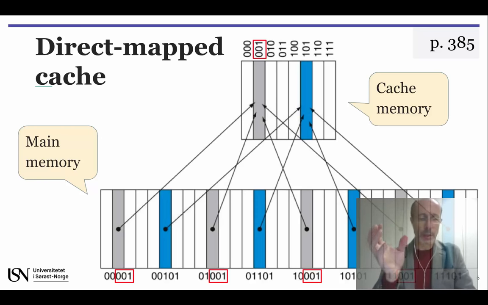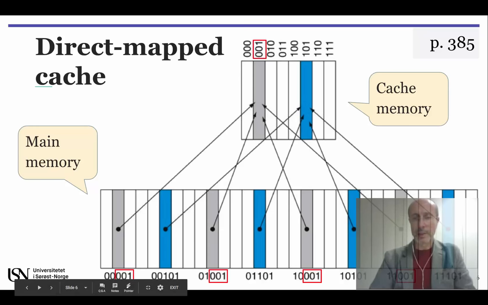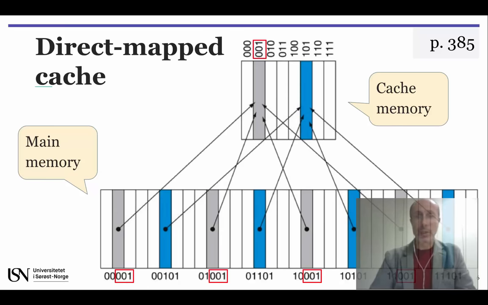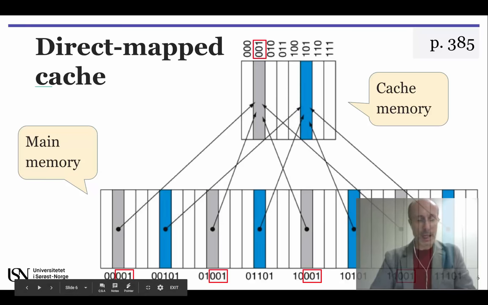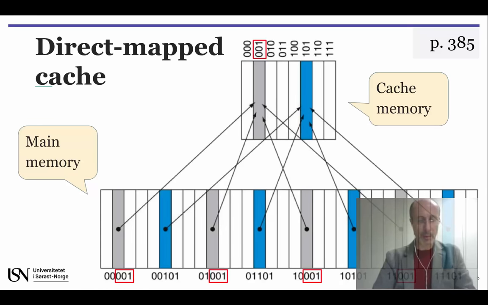So how do we know which of the corresponding main memory positions had its content transferred to the cache at any given moment? Well, the answer to that question is in the most significant bits of the main memory address, which are kept in the cache as a so-called tag, as we will see in a moment.